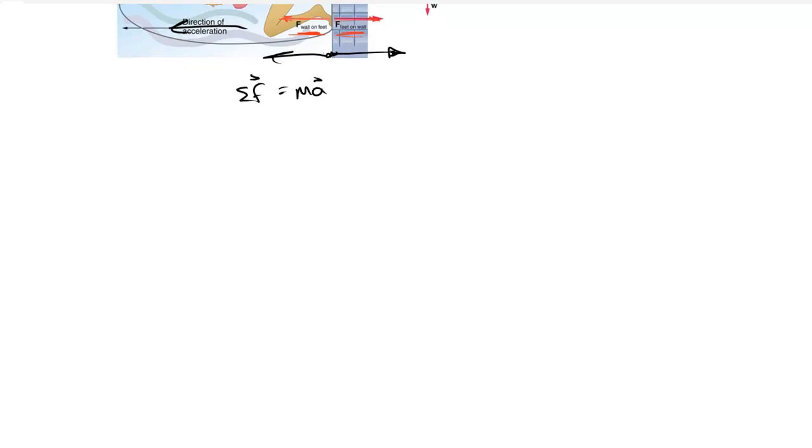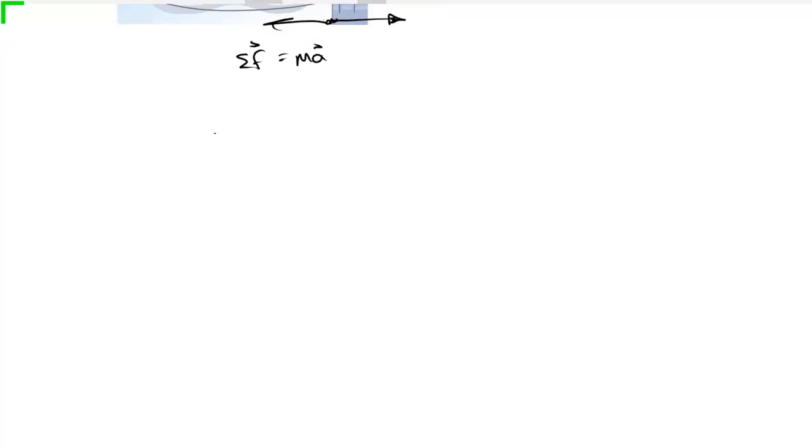If you think about how you walk, if you want to have an acceleration in that direction, then when you take a step, you push back with some force this way. And I should actually draw this.